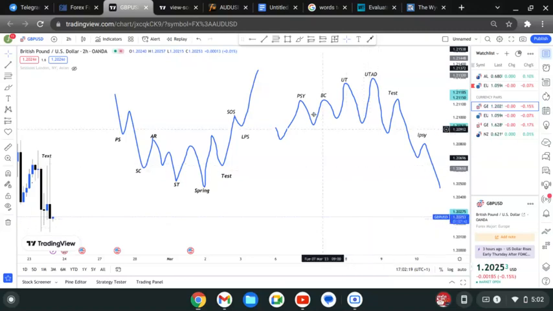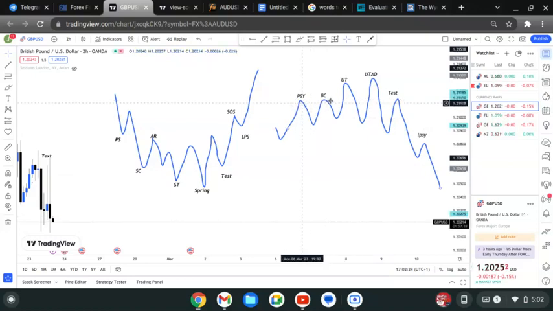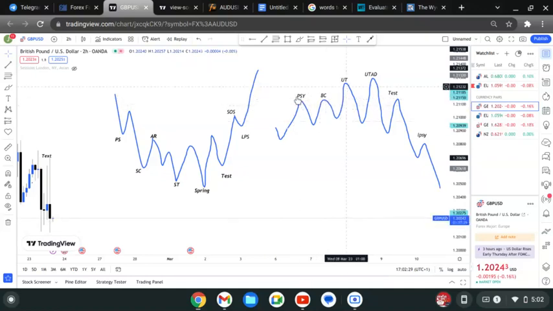So what's the idea behind that? We see these two double tops. That's liquidity. Most people trade double tops. So we see them buy to liquidate that double top.